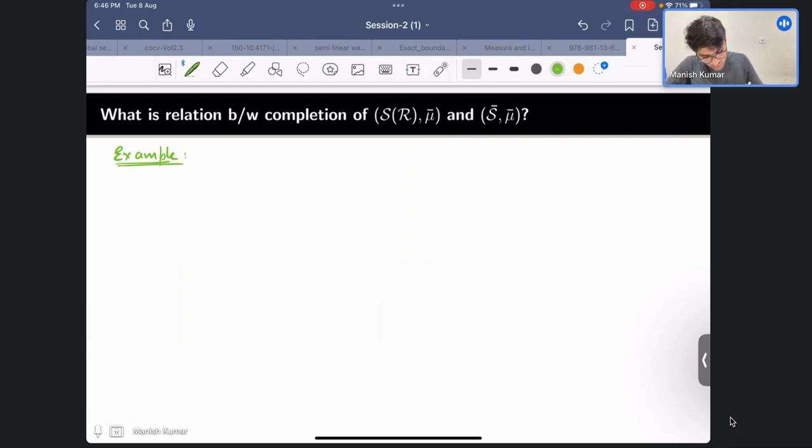Suppose X is any uncountable set, and consider S, which is the collection of subsets E of X such that E is countable or E complement is countable.